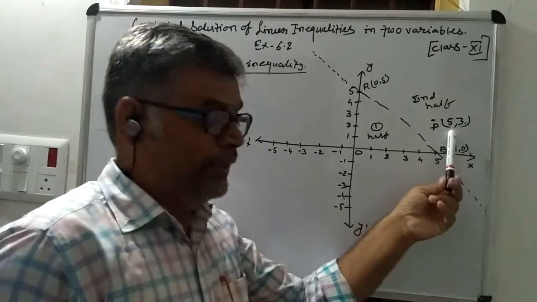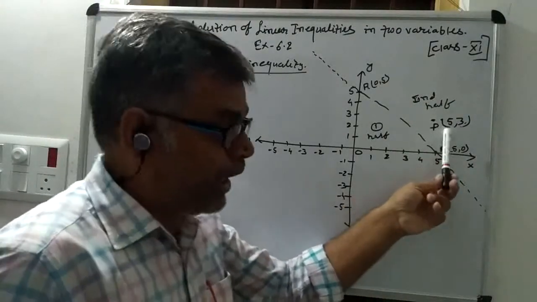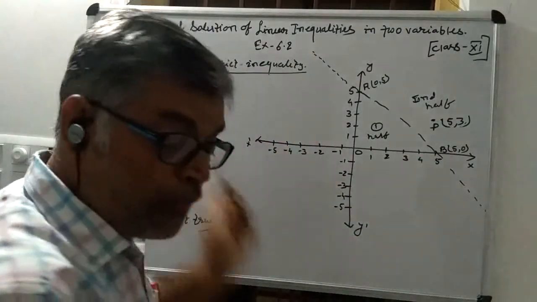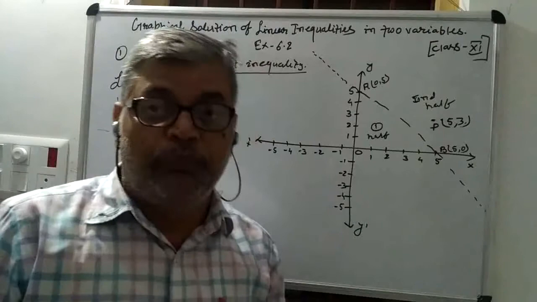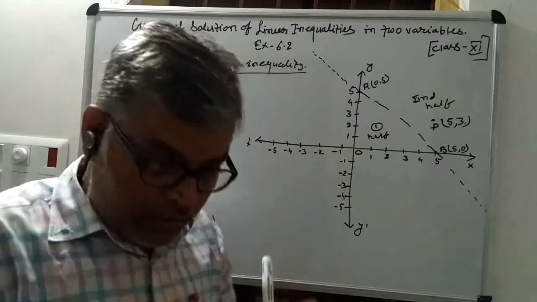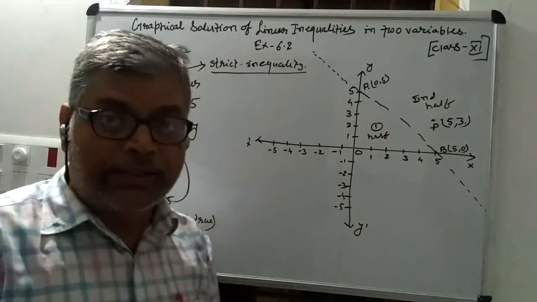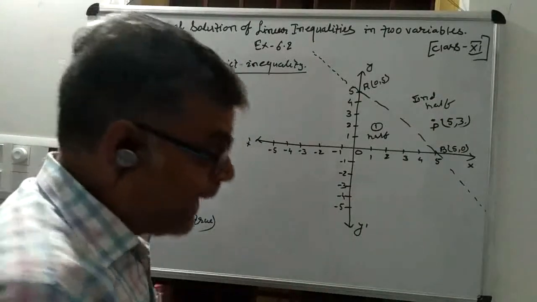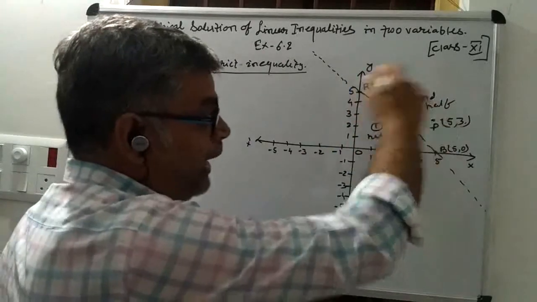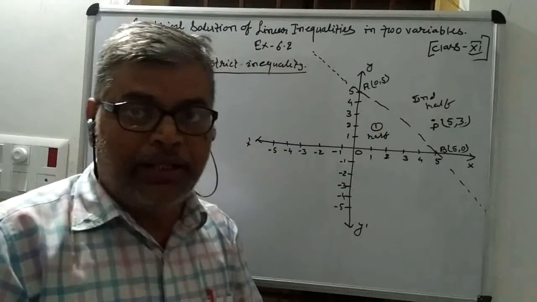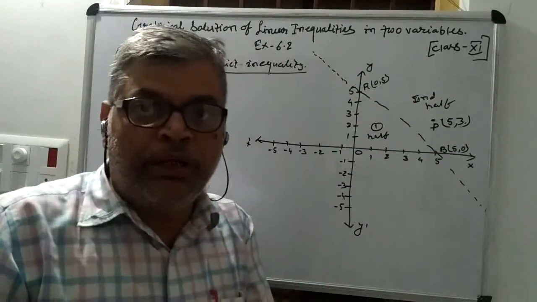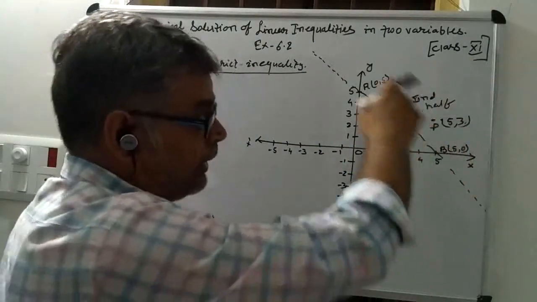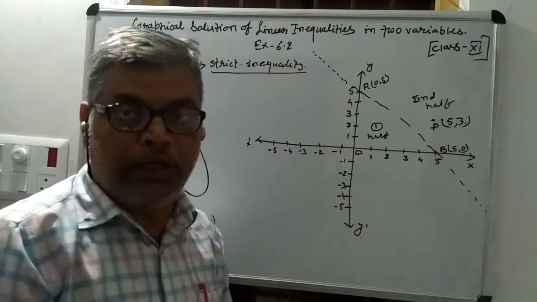When the coordinates of the point which we have taken, put in the inequality, give a value that is not correct, in that case the points on that half plane are not the solution of the inequality. It means this second half is not the solution of this inequality.